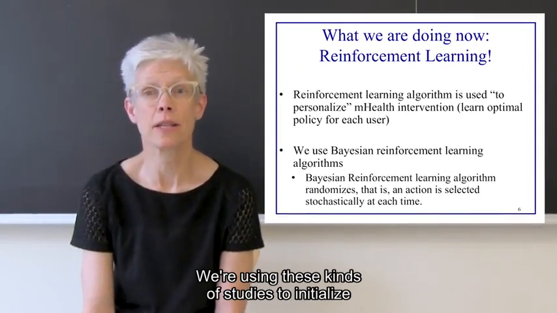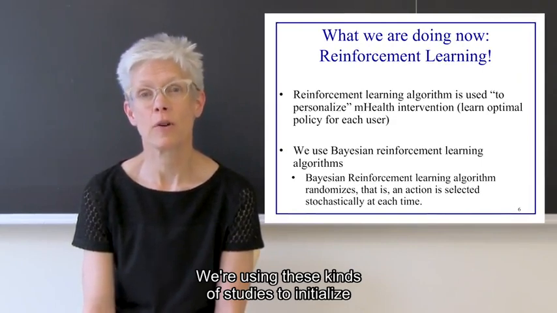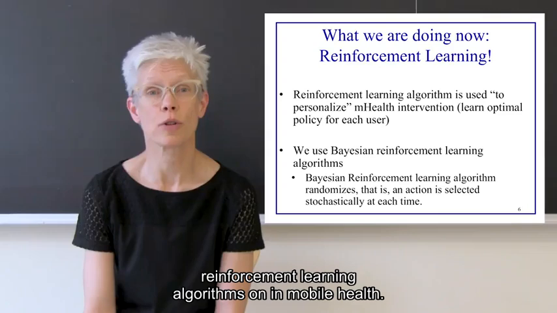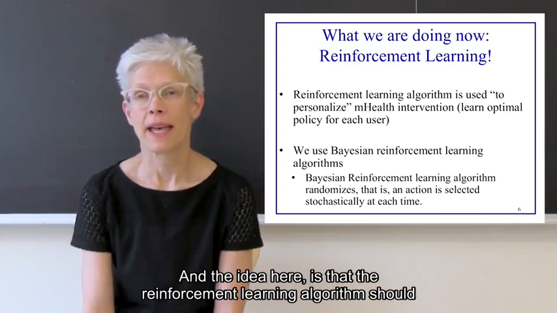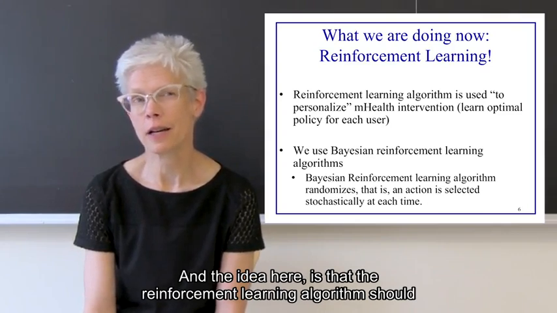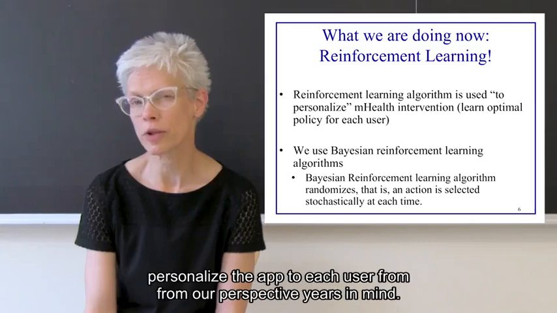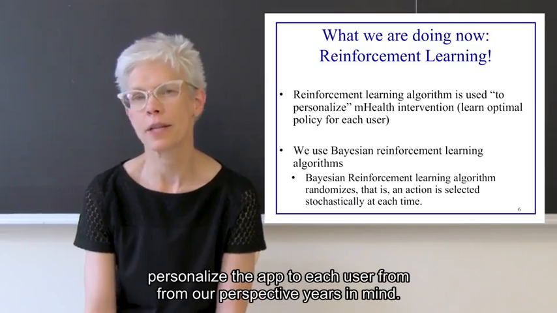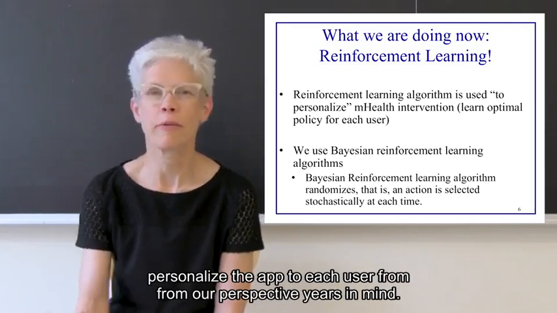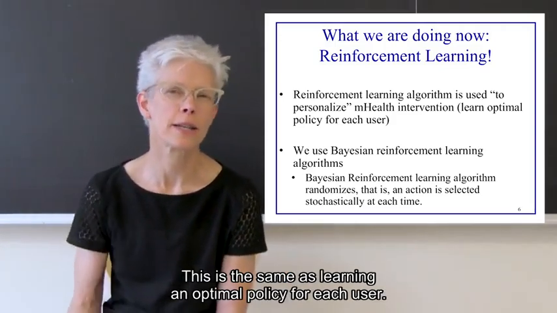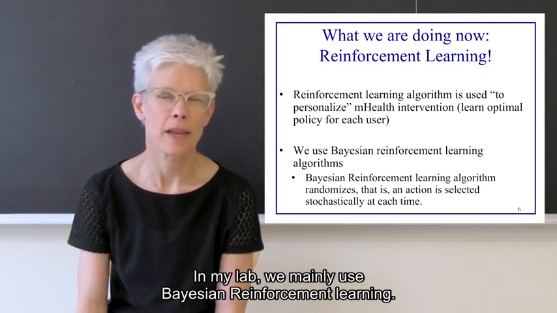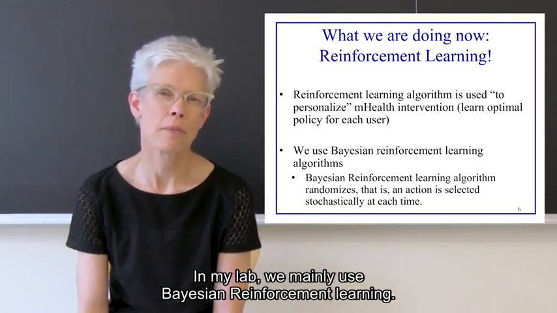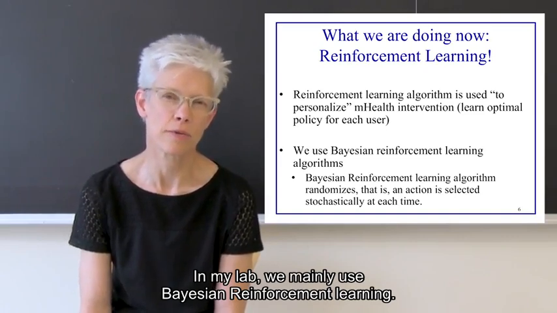So what are we doing now? We're using these kinds of studies to initialize reinforcement learning algorithms in mobile health. The idea here is that the reinforcement learning algorithm should personalize the app to each user. From our perspective, this is the same as learning an optimal policy for each user. In my lab, we mainly use Bayesian reinforcement learning.